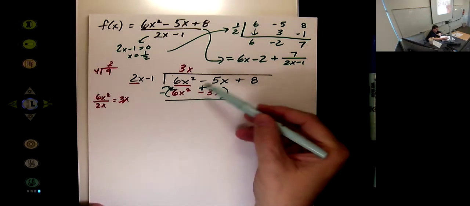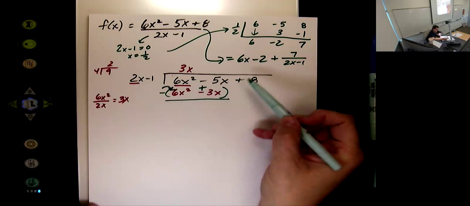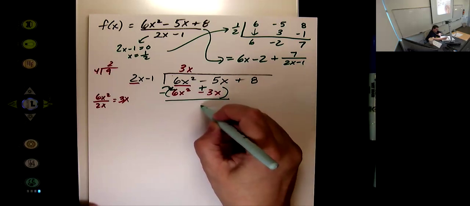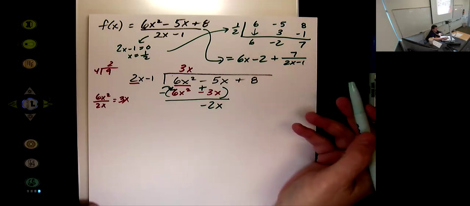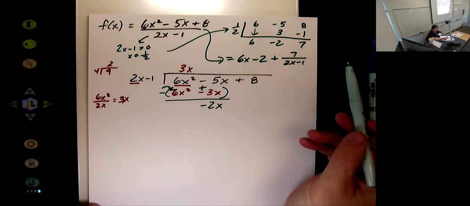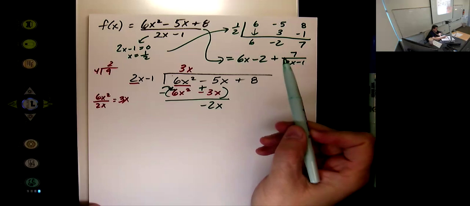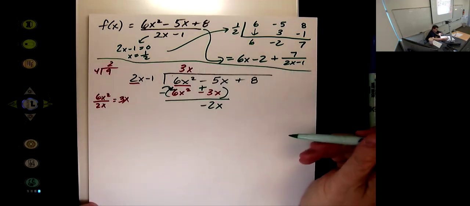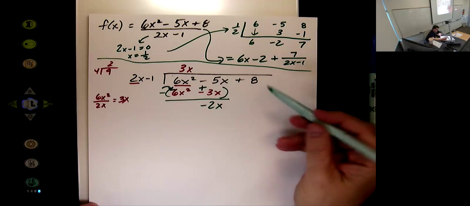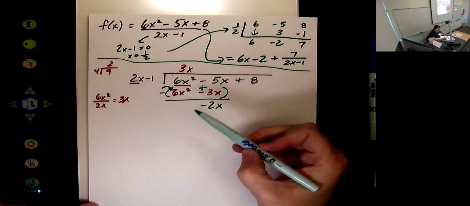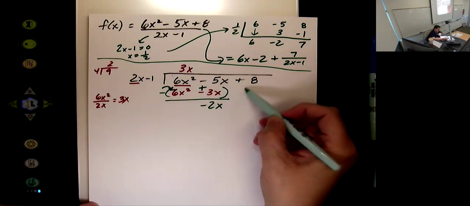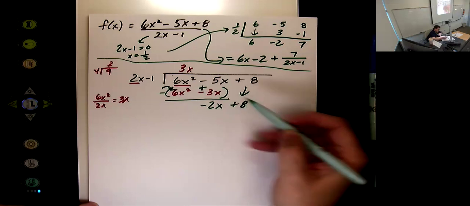If I do that, the 6x squareds go away. -5x plus 3x is -2x. So we'll bring the 8 down, and we do it again.